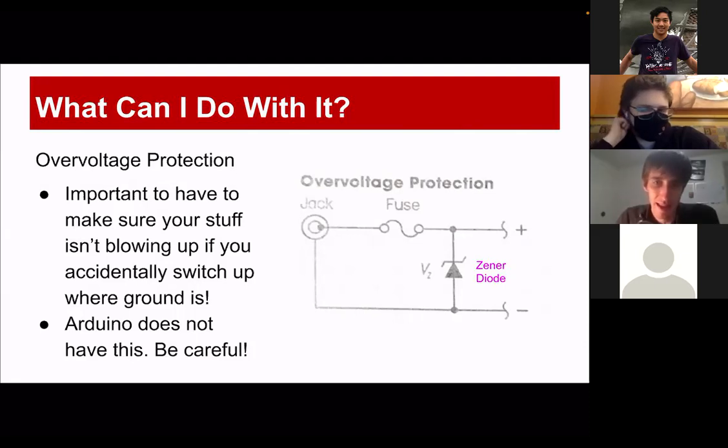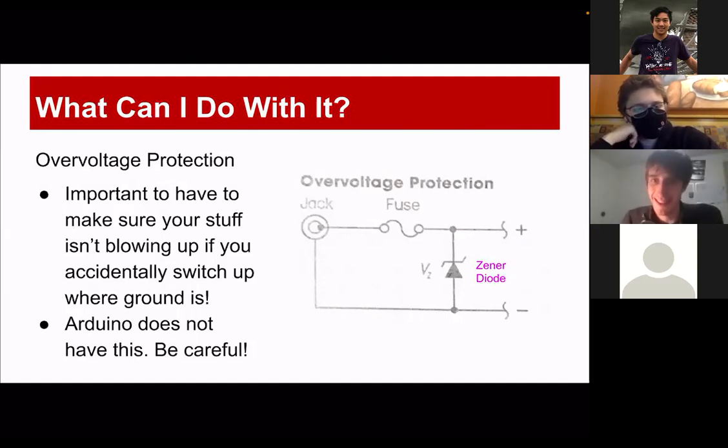When there's a high enough reverse bias, the Zener diode allows current to flow, which trips the fuse, causing a break in the circuit. So this makes sure that things don't blow up because you applied way too much voltage.